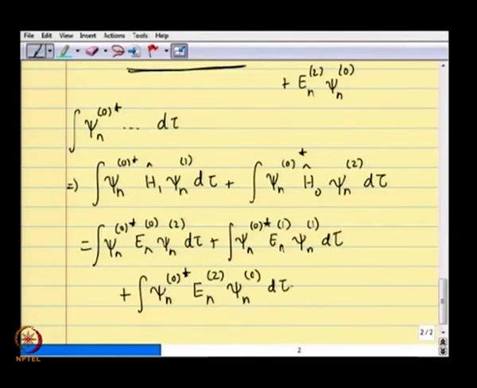Okay. So you have on the left hand side 2 terms and on the right hand side 3 terms. We can look at this and cancel some of the terms immediately.